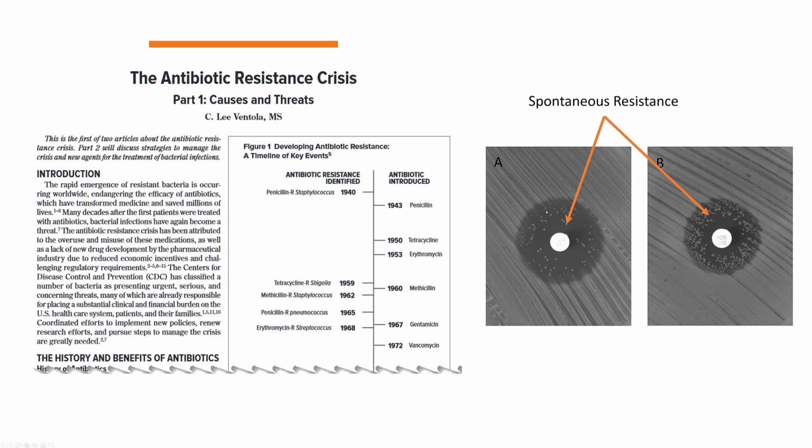It is a subpopulation that, for whatever reason, have some mutations that now render them resistant to this particular antibiotic, some better than others. And as you can see, this particular antibiotic with this organism tends to be a little bit more resistant, or spontaneous resistance is showing up higher.